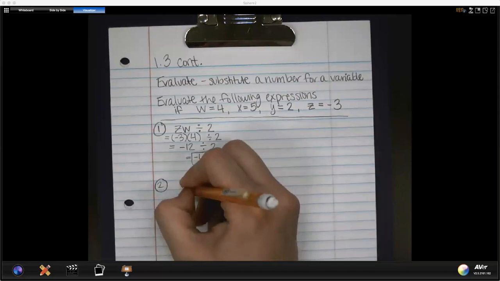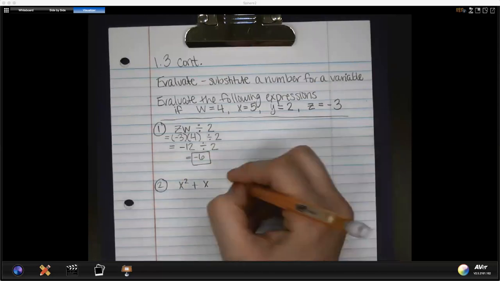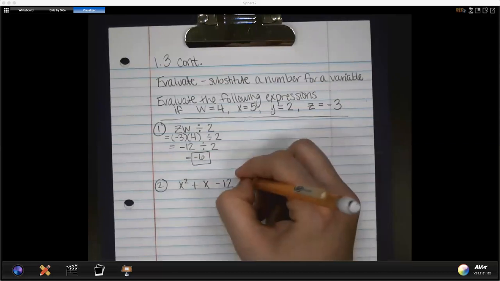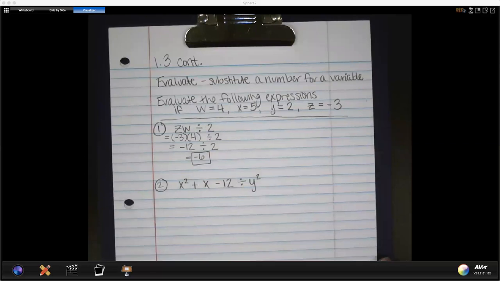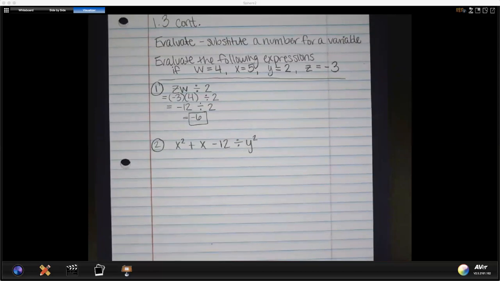Okay. X squared plus X minus 12, division symbol, divided by Y squared. Okay, it can look complicated, but it doesn't have to be. So X squared plus X minus 12 divided by Y squared.